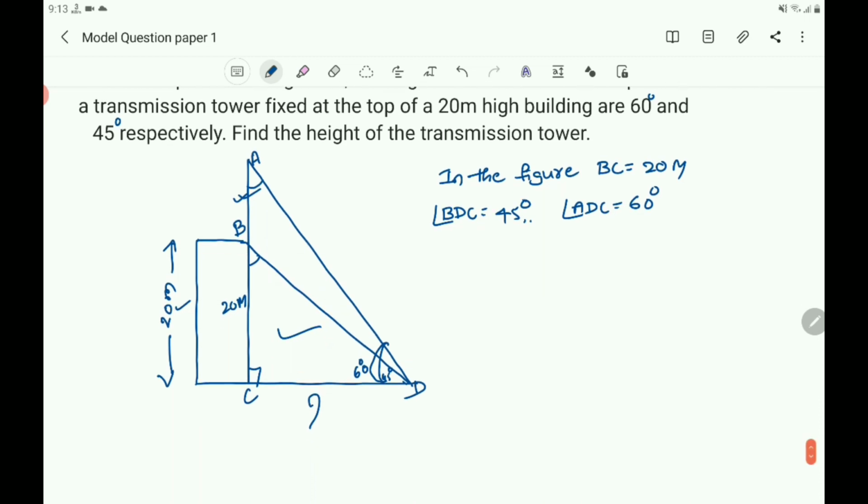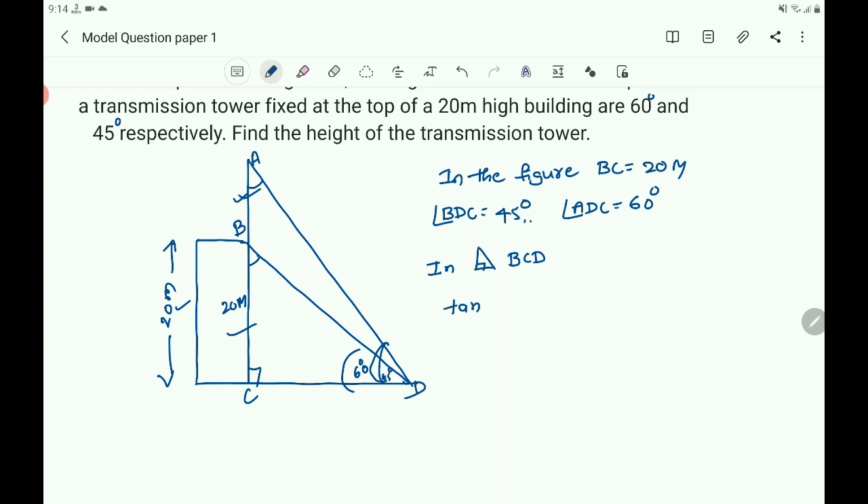Now consider the triangle BCD, that is the right angle triangle. Take in right angle triangle BCD, for this with respect to the angle 45 degree, BC becomes the opposite side and CD is the adjacent side, and the ratio we have to take is tan theta.